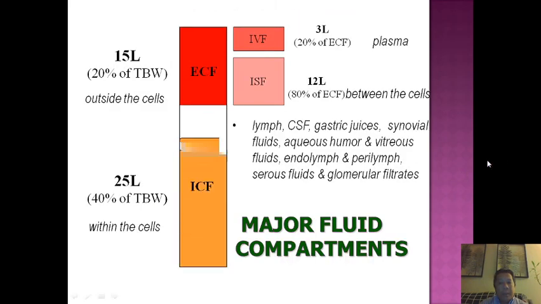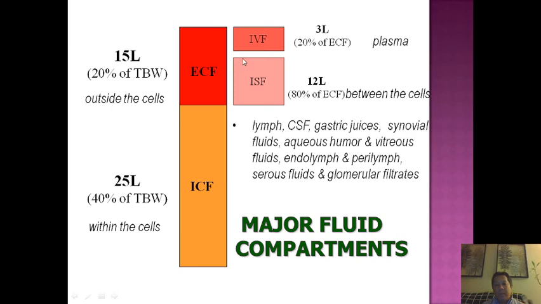Here is an illustration of the distribution of our body fluids. A lot of books will say 40% of adult male and female total body weight is due to intracellular fluid, and about 20% of the total body weight is due to extracellular fluid, which is again divided into intravascular and interstitial fluid.